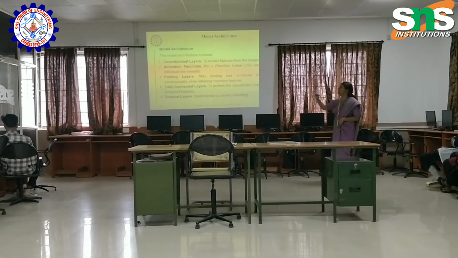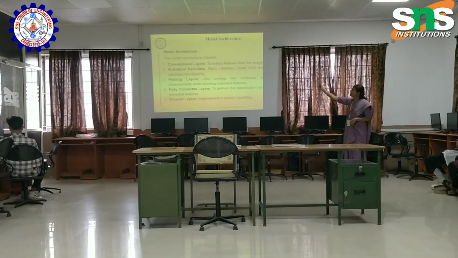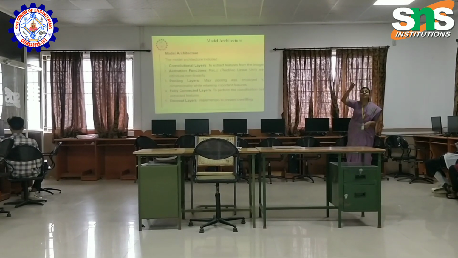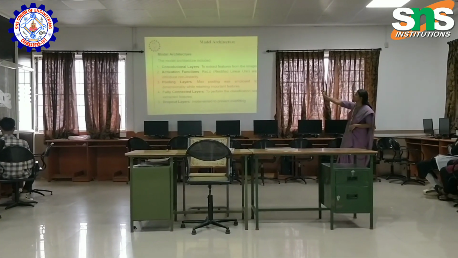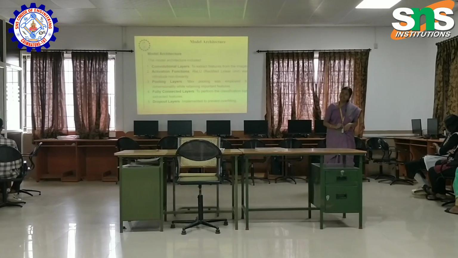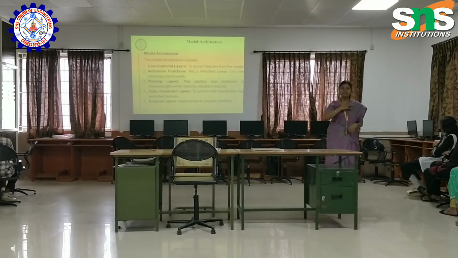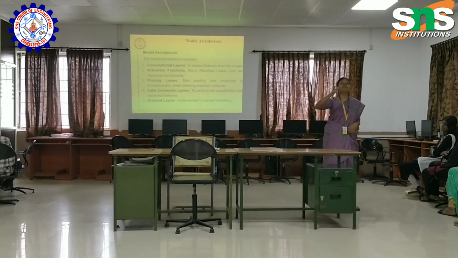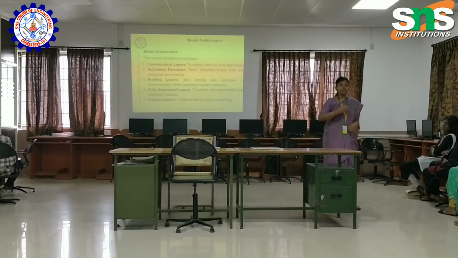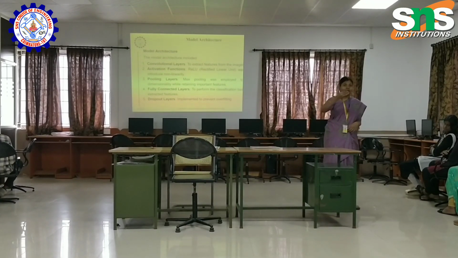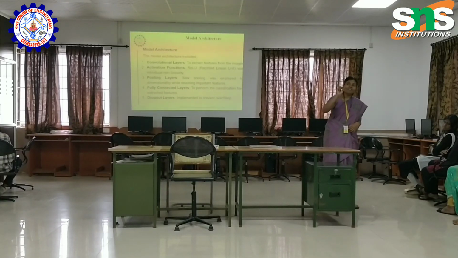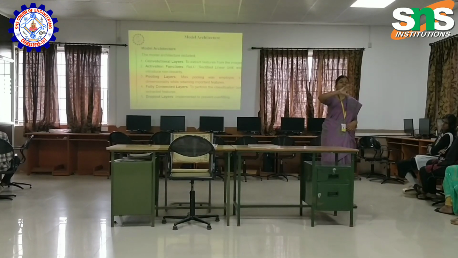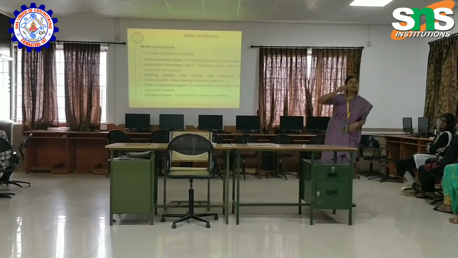So this is the architecture model, convolutional layers to extract features from the images. Say for an example, the lungs. How the normal lung will be, how the affected lung will be. So it has to collect the features. Affected lung will be like this. So it's the normal thing. So it has to analyze.